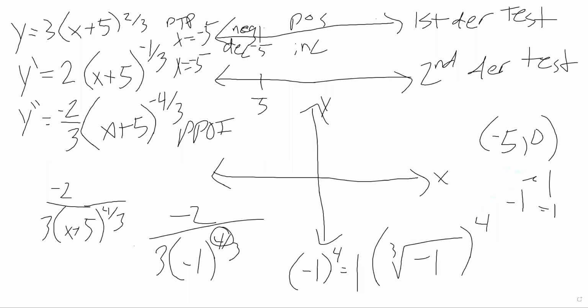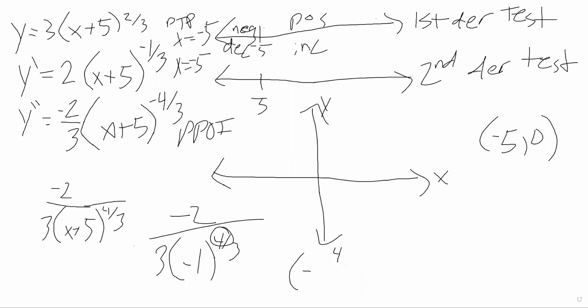If you see an even number in the numerator of your exponent, it's going to be a positive result. So we end up with 3 times 1. So we get -2 over 3. So obviously that's a negative. Decreasing. Sorry, not decreasing, because this is our second derivative test. So it's going to be down. Right? And then we can go to anything above -5.